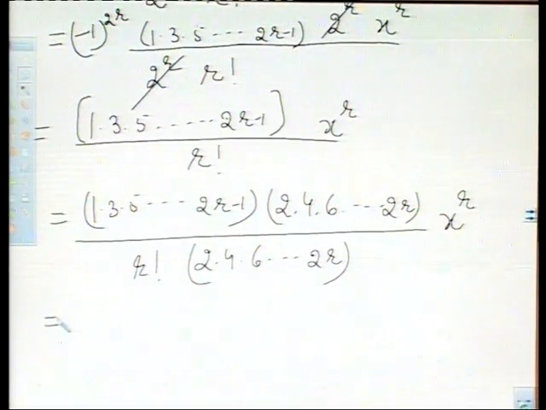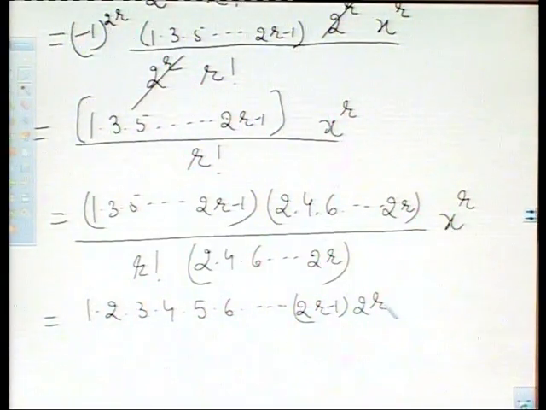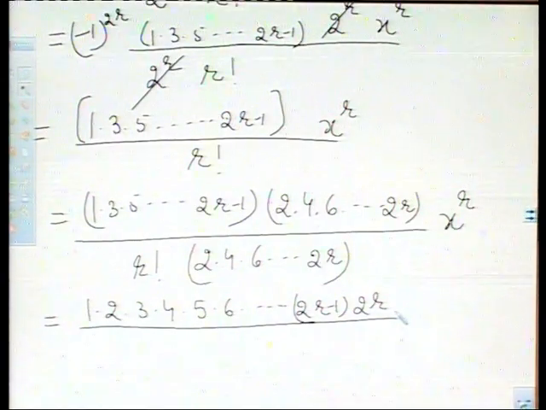Now what is this? 1, 2, 3, 4, 5, 6, up to 2r minus 1 and 2r in the numerator, and r factorial in the denominator.